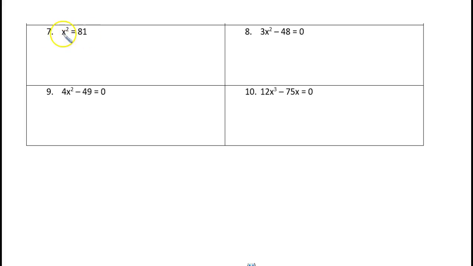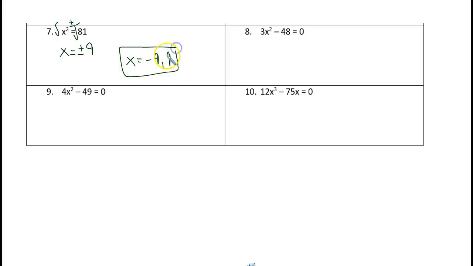If it's already written as x squared equals 81, I'm just going to take the square root of both sides. I think that would be a little bit quicker for me, and I would just get x equals, and I must remember that it's a positive or negative 9. Because 9 times 9 is 81, and negative 9 times negative 9 is 81. So I've got 2 solutions, negative 9 and positive 9.